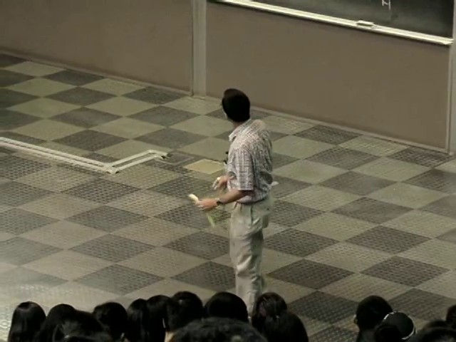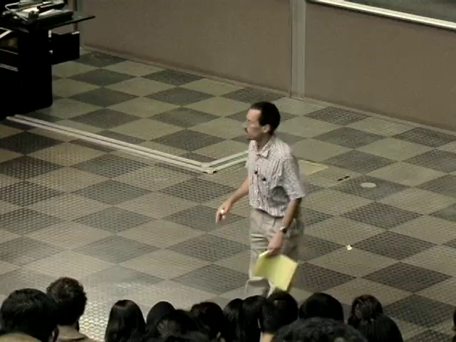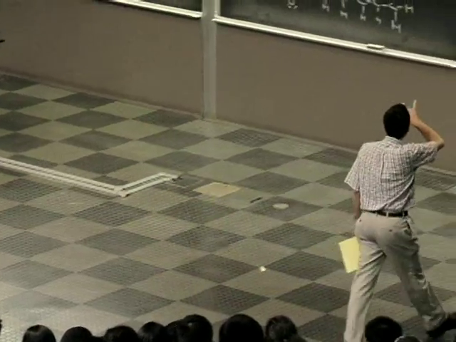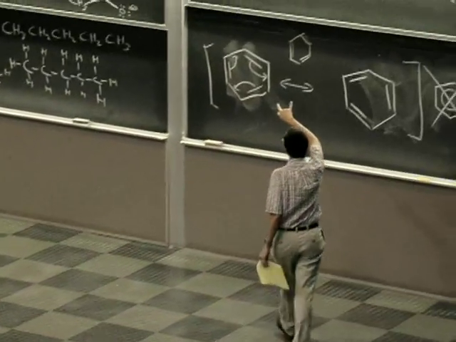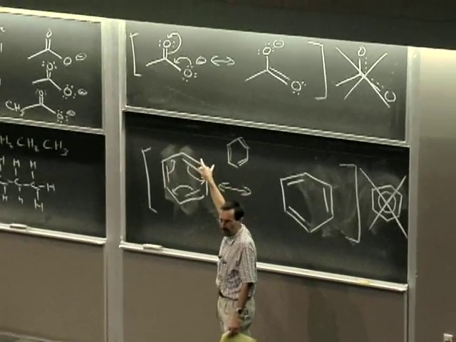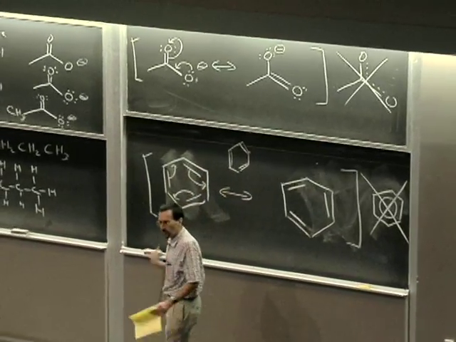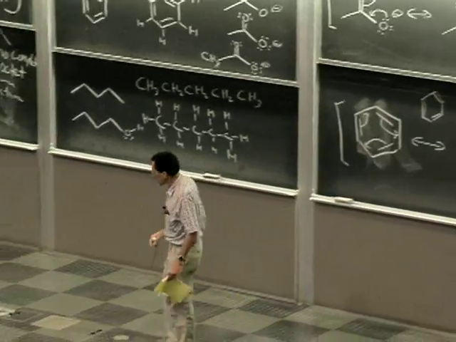In other words, if I wanted a picture of acetate anions, both of those structures contribute 50-50. They're both equally important.